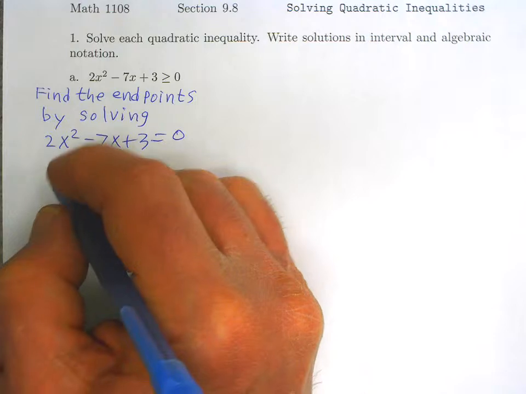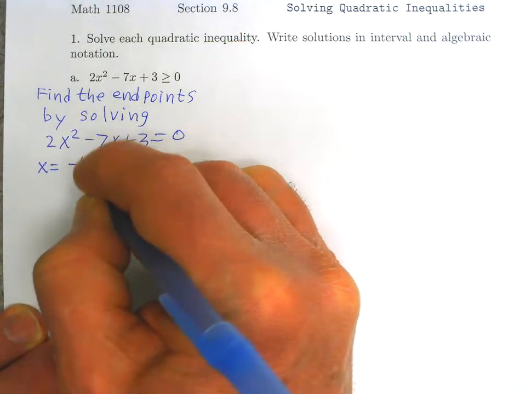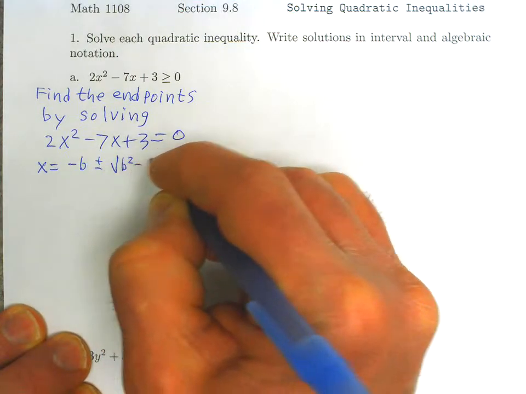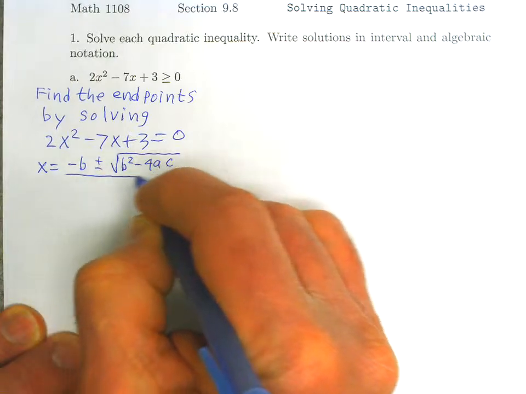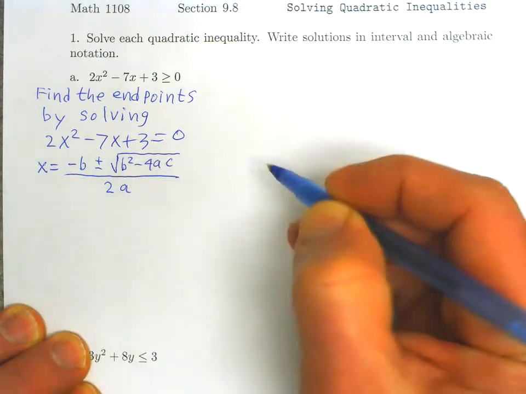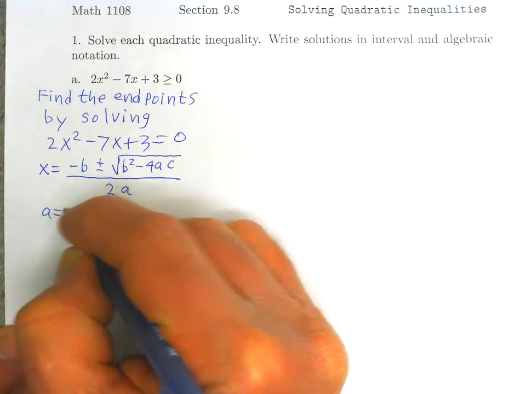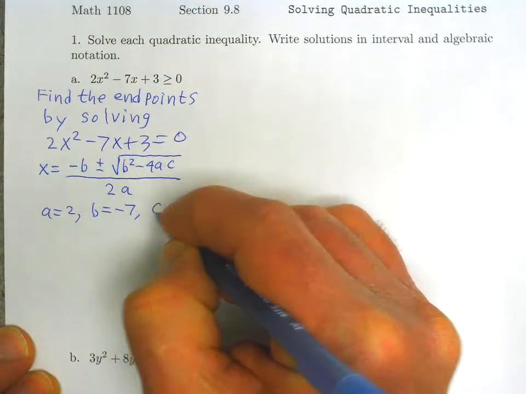I'll write down the quadratic formula. x equals negative b plus and minus the square root of b squared minus 4ac, all divided by 2 times a. And for this quadratic equation, a is 2, b is negative 7, and c is positive 3.